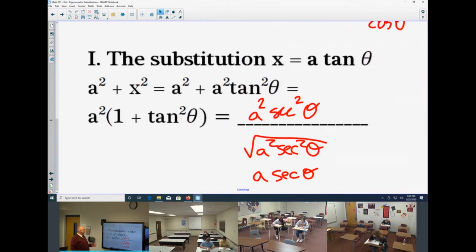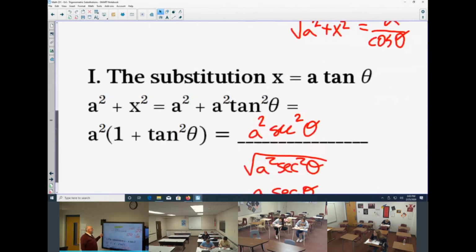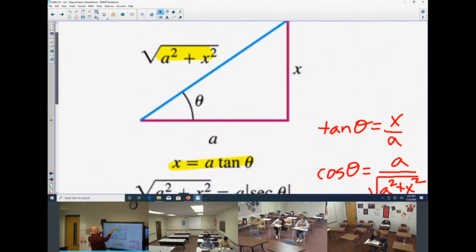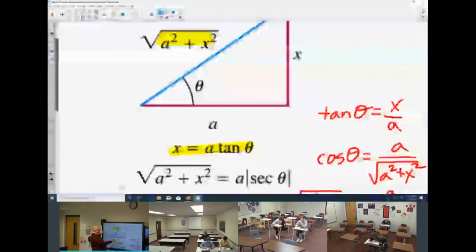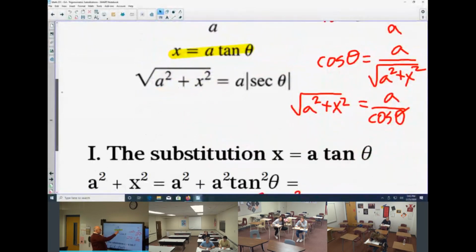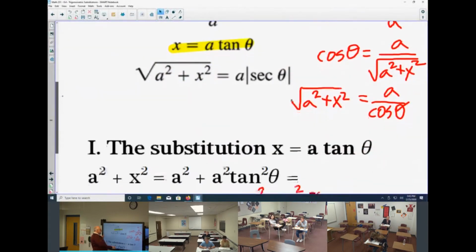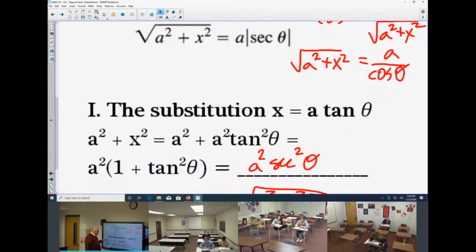So here's how it works. When we have the square root of a squared plus x squared, we're going to use that substitution, x equals a tangent theta. When we plug in a tangent theta for x, we end up with a squared tangent squared.